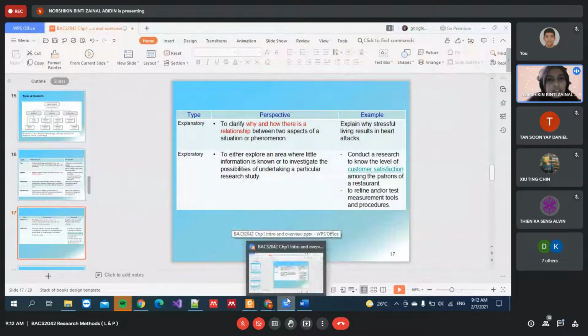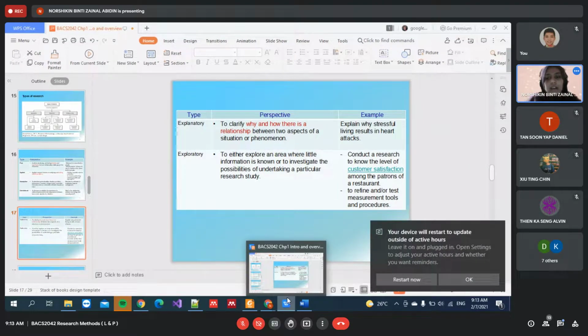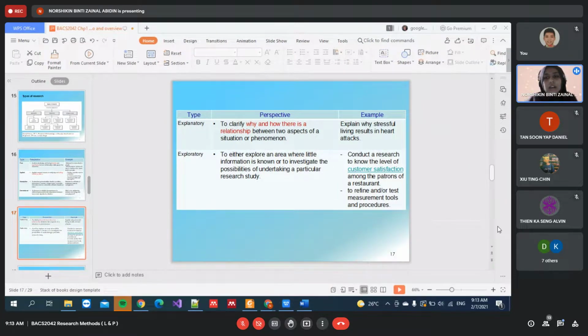Explanatory is a bit different from descriptive because it is more about explanation. It is a research to clarify why and how there is a relationship between two aspects of a situation or phenomenon.